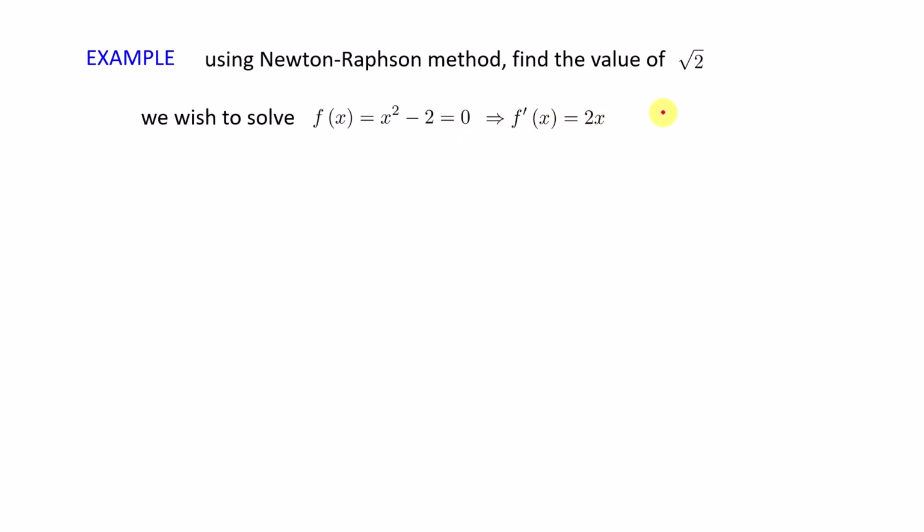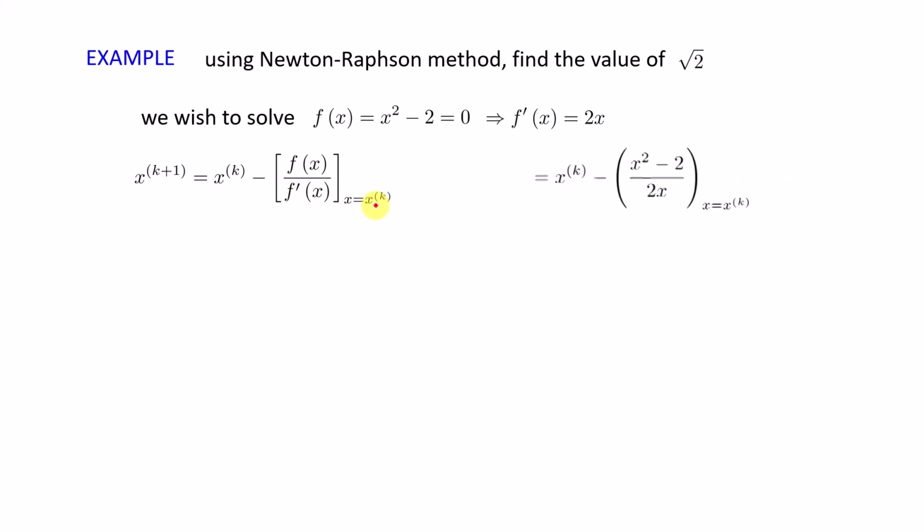Now we know the algorithm of Newton-Raphson gives us that the (k+1)th iteration x is equal to the kth iteration x minus f(x) divided by f prime x evaluated at the kth iteration, which tells us that x_k minus, f(x) is x square minus 2, f prime x is 2x.